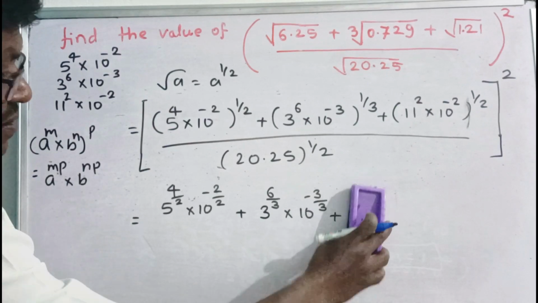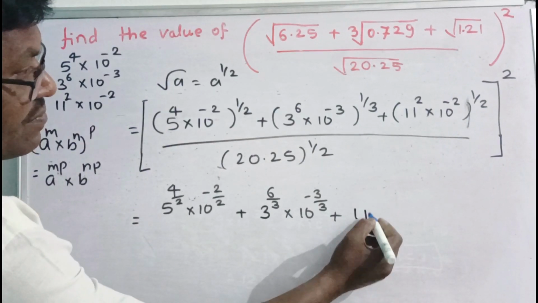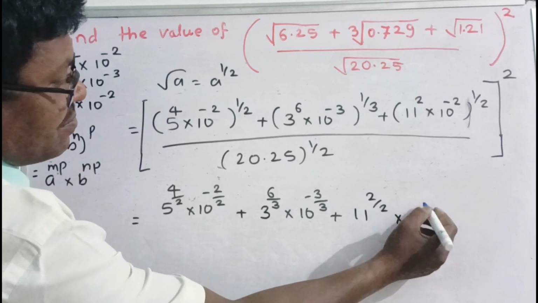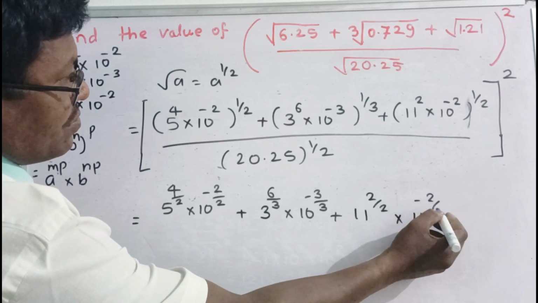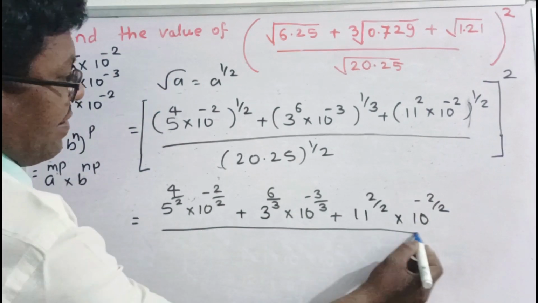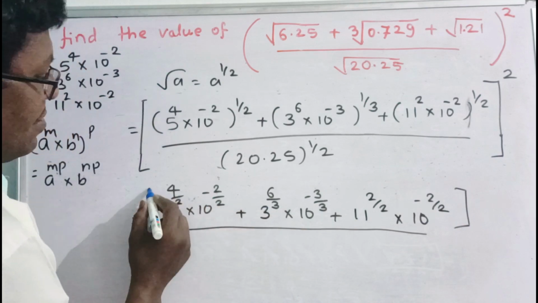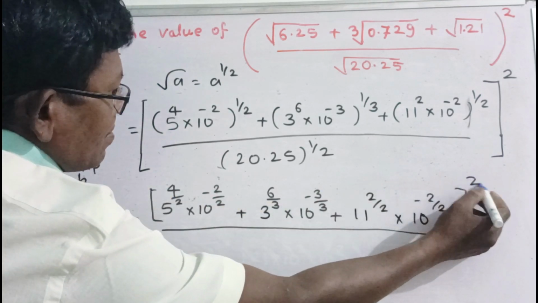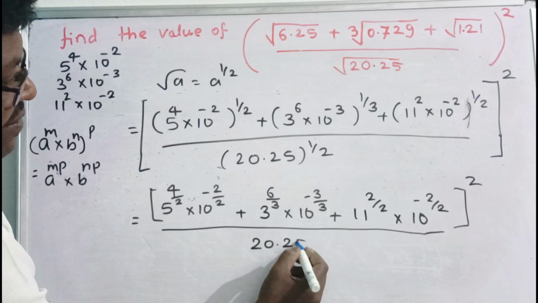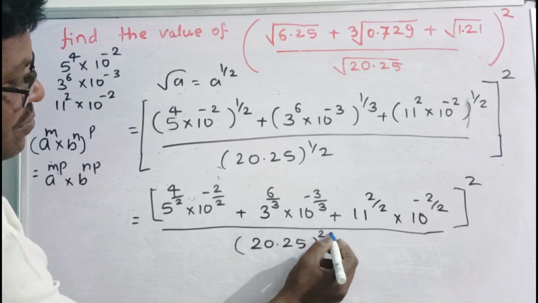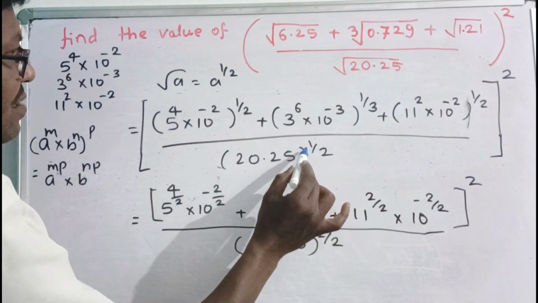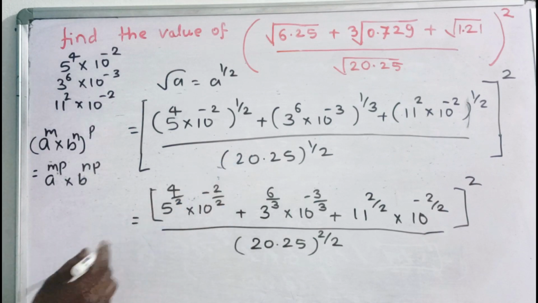11 raised to the power 2 by 2 into 10 raised to the power minus 2 by 2, divided by, अभी इसको ही करेंगे, स्क्वायर 20.25 raised to the power 2 by 2. अभी ये स्क्वायर जो था वो यहाँ पर आगे हमने सेपरेट कर दिया.